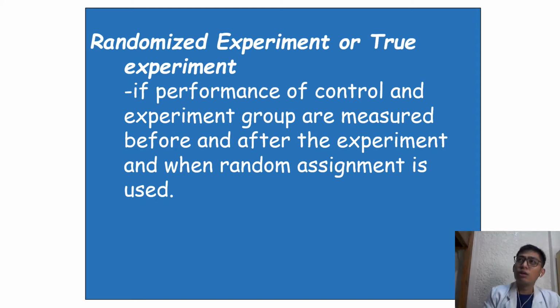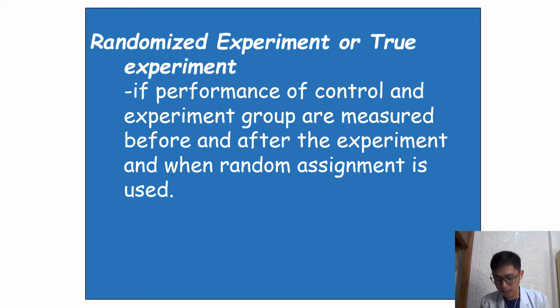There are four characteristics of a true experimental research. We have manipulation, so the independent variable will be manipulated or altered. We have control, so there's one group that will not be subjected to the experiment. Then we have randomization, where all of them have an equal chance of selection.